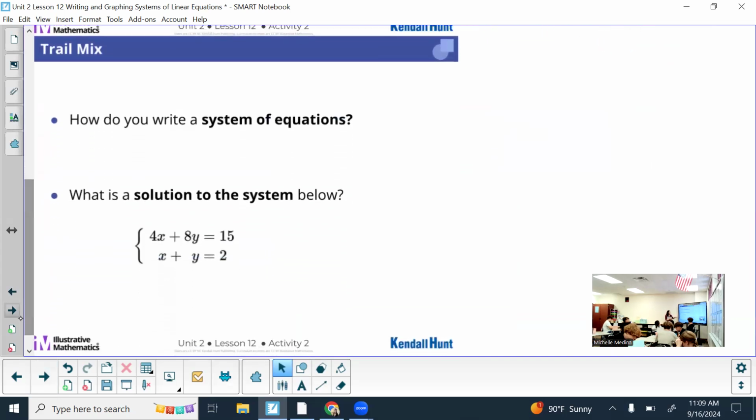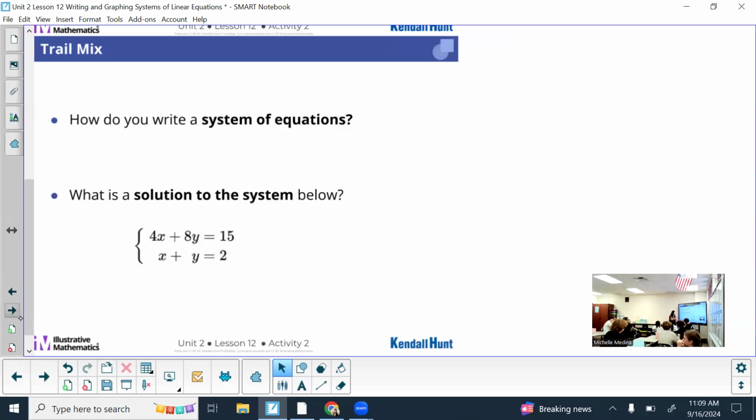So a system of equations has 2 different equations with the same variables. Again, you should be looking at my screen, giving you new information. Systems of equations are 2 different equations, sometimes more, but they have the same variables used. So when that happens, you have a few different options for answers.